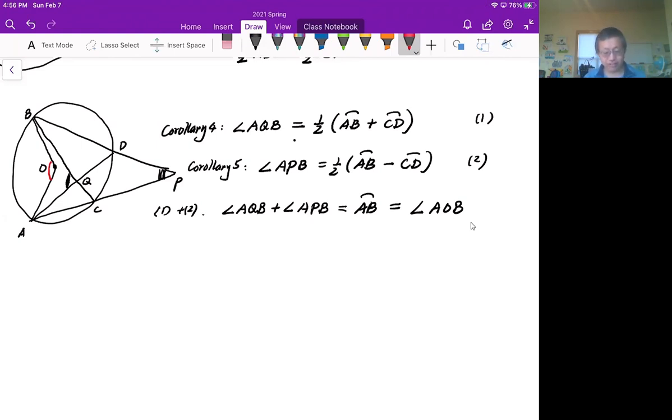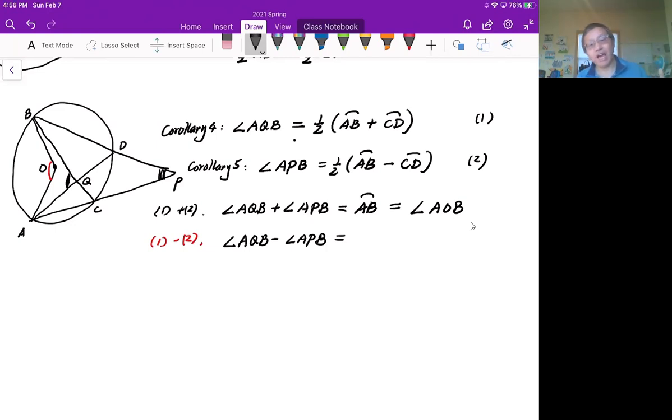That's one thing. The other cool thing is that from equations 1 and 2, how about I take the difference, right? As you can imagine, I can also get something interesting. If I take the difference, I get AQB minus APB. What's the other side?